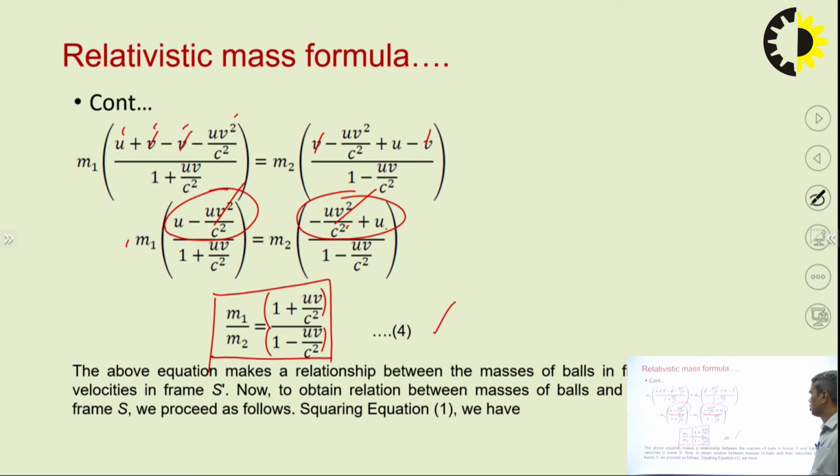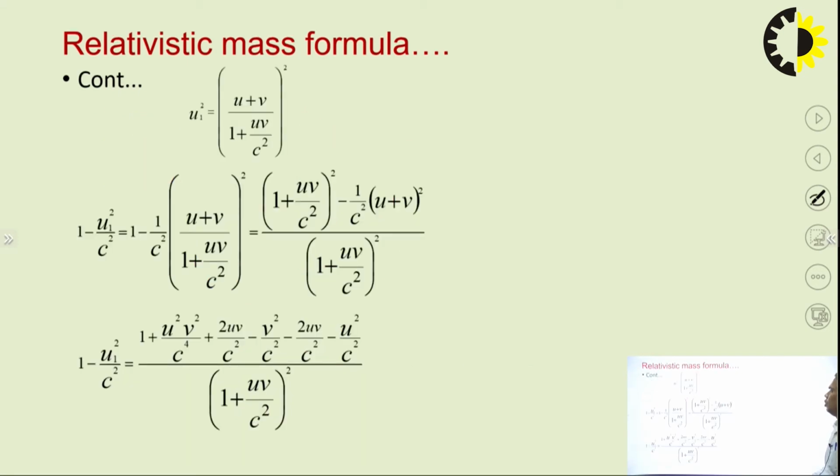The above equation makes a relationship between the masses of the balls in frame S and their velocities in frame S prime. Now, to obtain the relation between masses of balls and their velocities in frame S, we proceed as follows. We take the square of u1, divide by c square and subtract from 1.